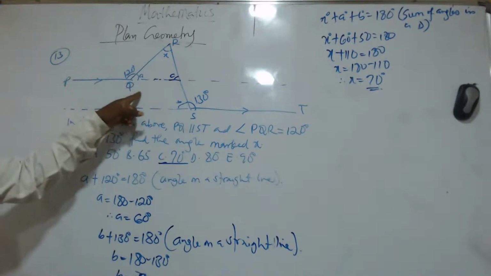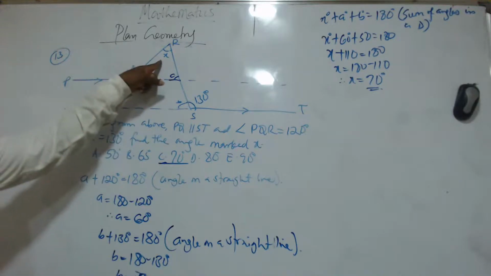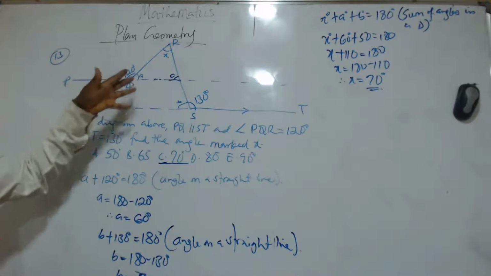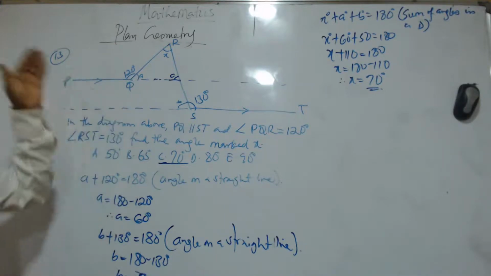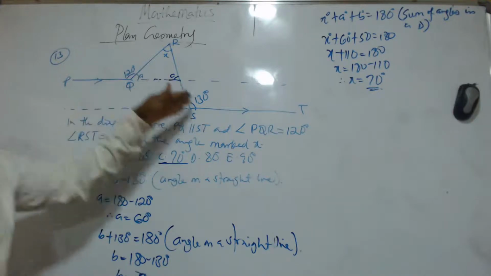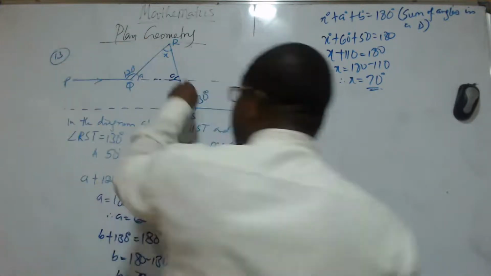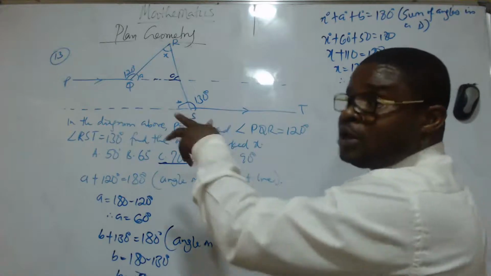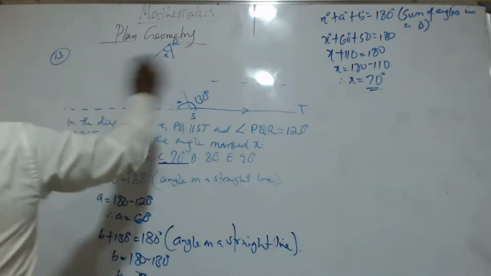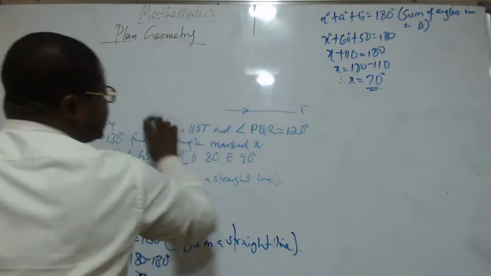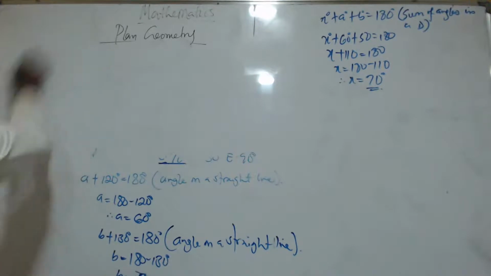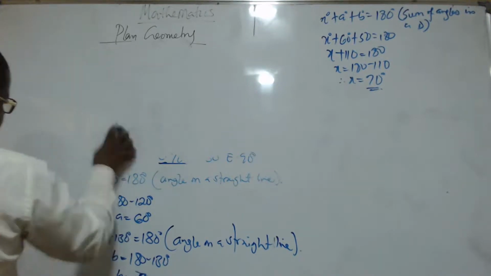If the line is not extended, getting the unknown angle will not be possible, and the problem looks impossible to solve. But once you're able to extend the line, that will aid you to get this question, and you will discover the value of X. Okay? Now let's see further examples on that.